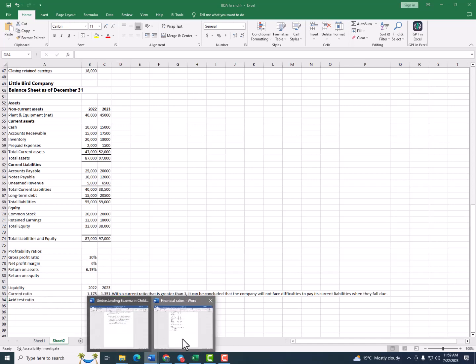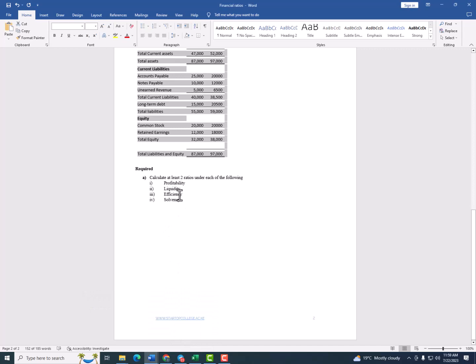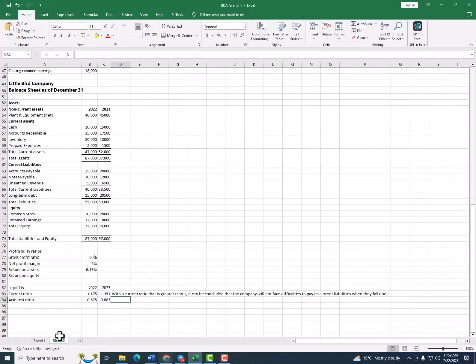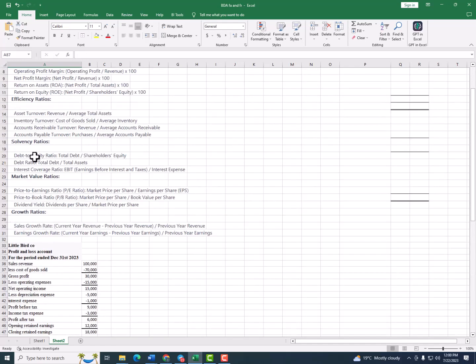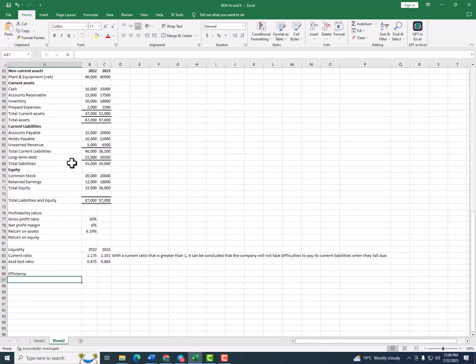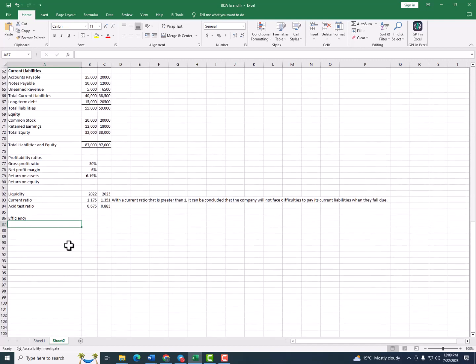The next class of ratios you're supposed to calculate, efficiency. Just type there efficiency. Some of the efficiency ratios that we have are asset turnover. Let us calculate that. The asset turnover.